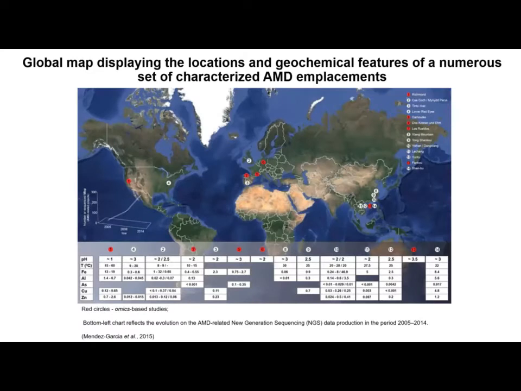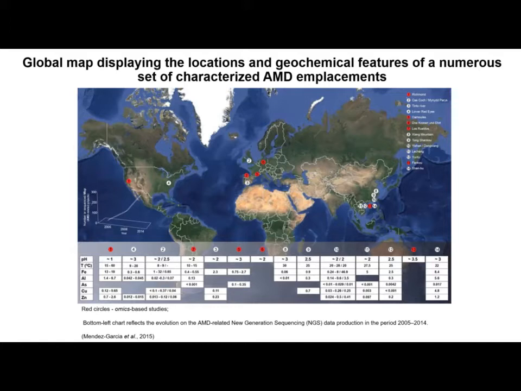You could see on this map that AMD emplacements are globally represented and were studied with different levels of detail. You could see that pH in all these environments is normally less than 3, and temperature has some variety, but normally it's less than 30, with Parys Mountain average temperature about 8 to 9.